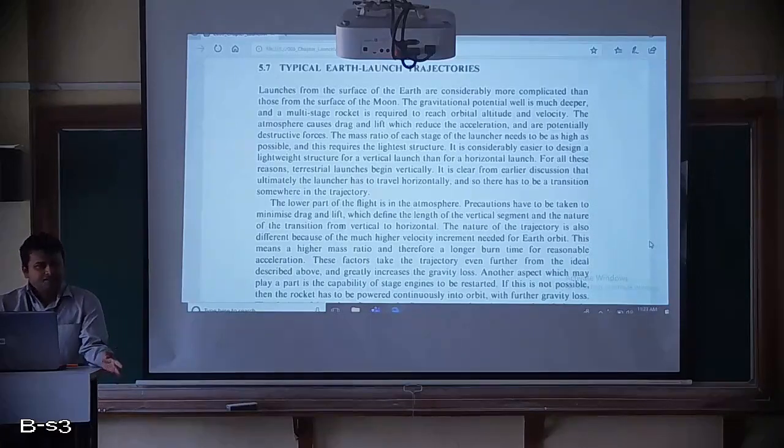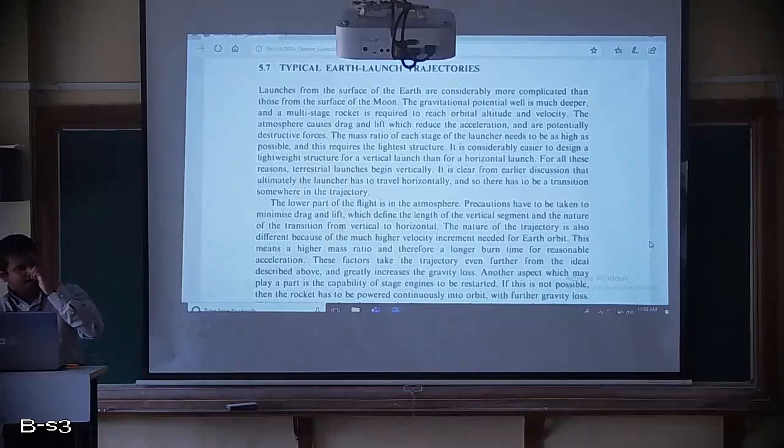The first one is that it has to launch vertically, then incline or orient in another direction, and then it can go into constant pitch, that means it goes into vacuum. So three different trajectory segments are there, and we will see them one by one.